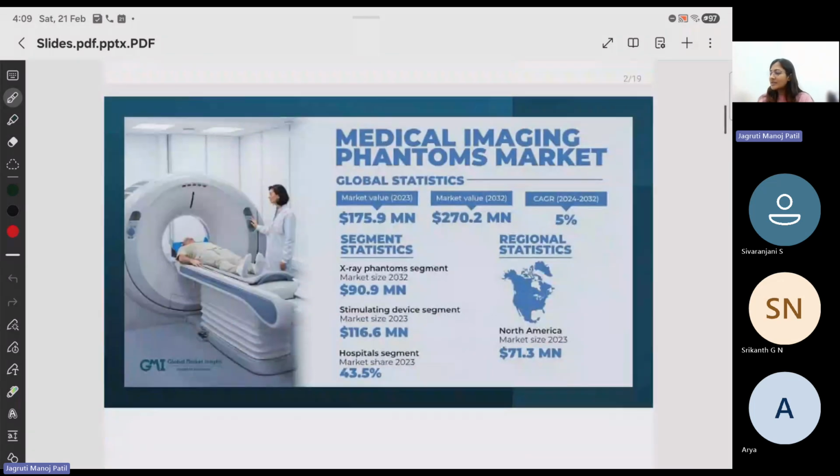Then there is something called the phantoms market. An imaging modality works on certain principles and algorithms, and to validate those you need phantoms.